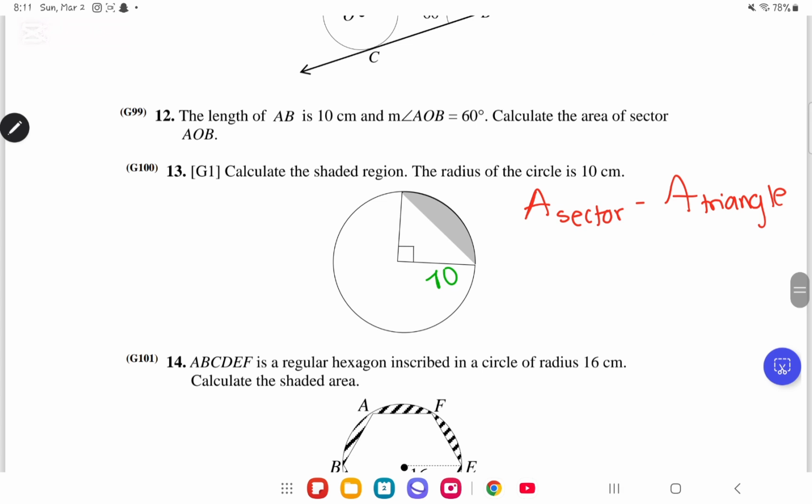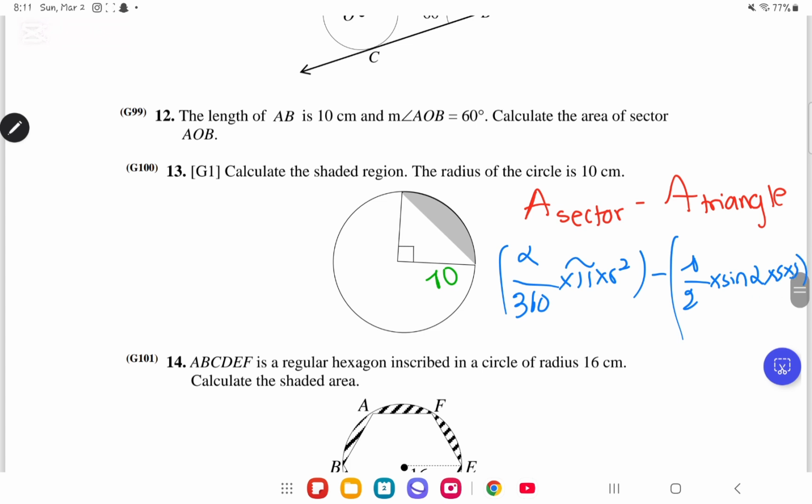To find the area of the sector, it is angle over 360 times pi times r squared, minus the area of a triangle. For any triangle, it's 1 over 2 times sine of the angle times side. So if you substitute, it's 90 over 360 times pi times 10 squared minus 1 over 2 times sine 90 times side.